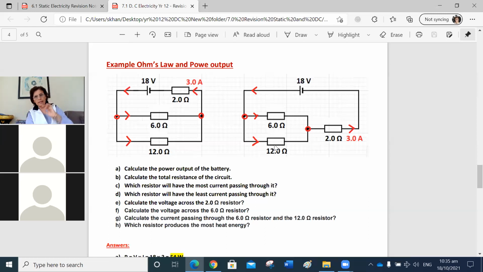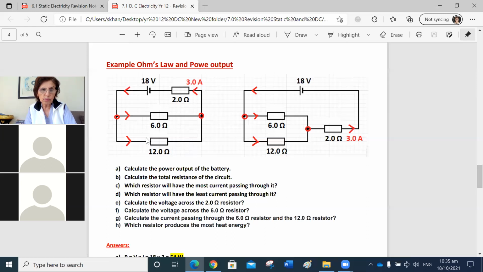Another question that could be asked is, what is the voltage across these resistors? Voltage is I times R. So 2 times 3 is 6. So this one is using up 6 volts. This is voltage used up, and this is voltage provided. So 18 minus 6 leaves 12.